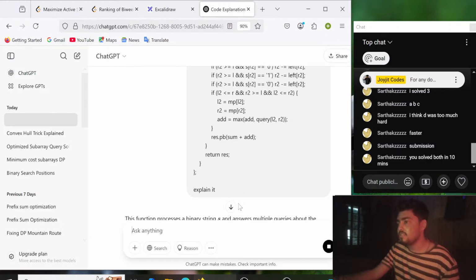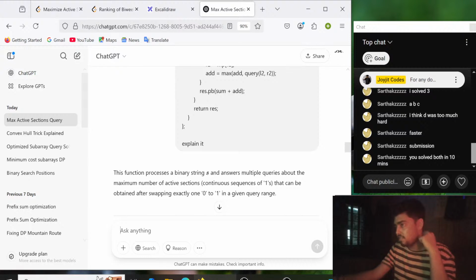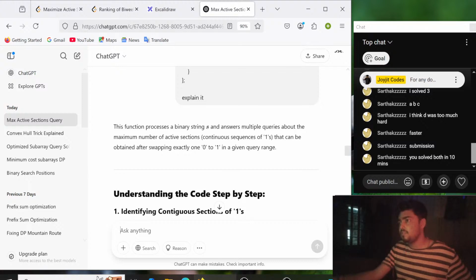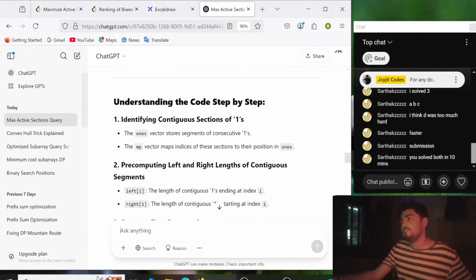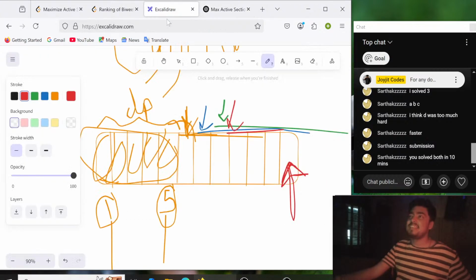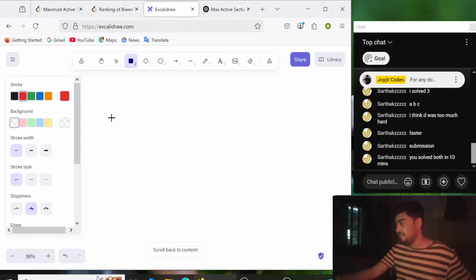The function processes a binary string and answers multiple queries about the maximum number of continuous sequences of ones that can be obtained after swapping exactly one 0 to 1 in a given range. It comes with a different logic only. So I'll just explain what I was thinking about it. Okay, let's skip this also. I'm too tired, man.